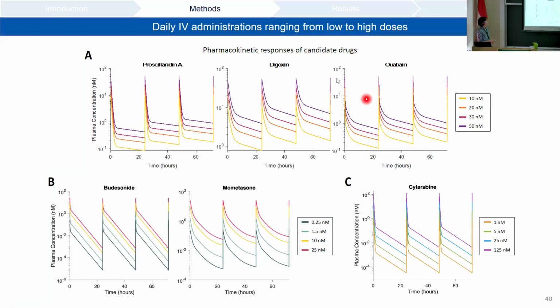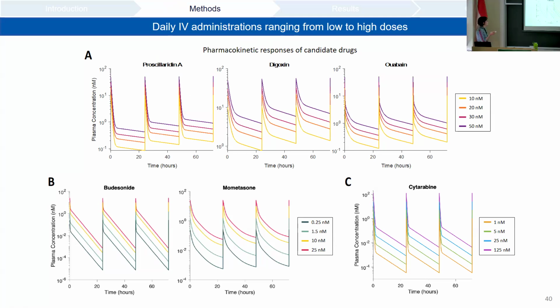The reason we use intravenous administration, even though it's not very realistic to bring a patient into the clinic every day for an IV, is that if we don't see any advantage of the drug with an IV that gives 100% bioavailability, we won't see it when we test with oral administration.